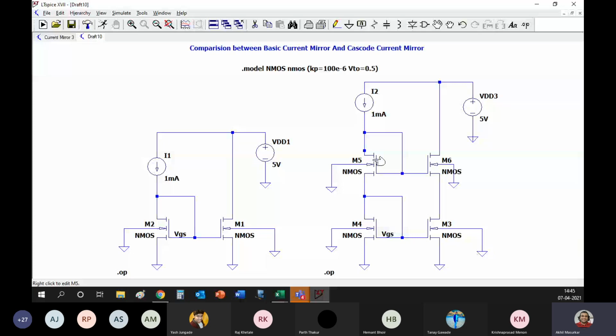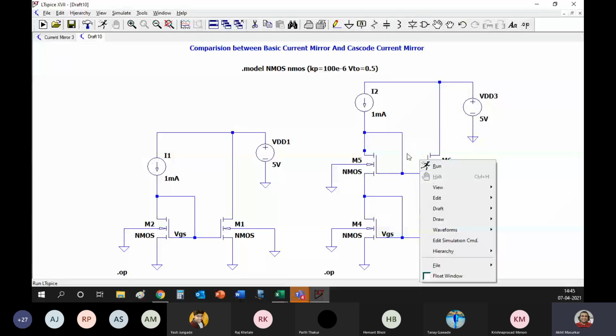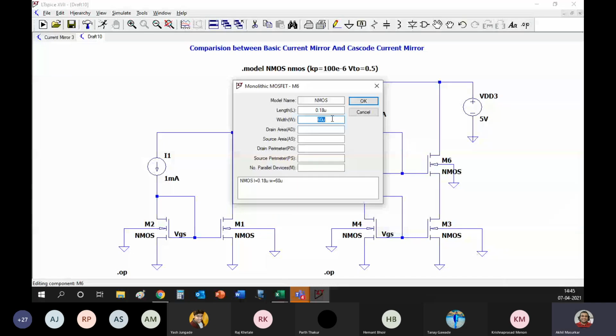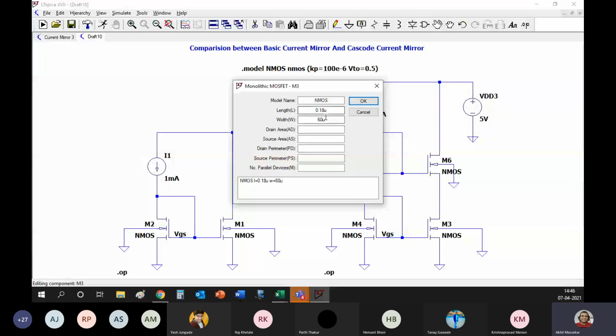So just ensure that everything is 20 micro. So this is 60, make it 20, and that can come because we copied something from the previous circuit. When you copy something, you should ensure that the values are all right. This might be 60. So make it 20 upon 0.18.